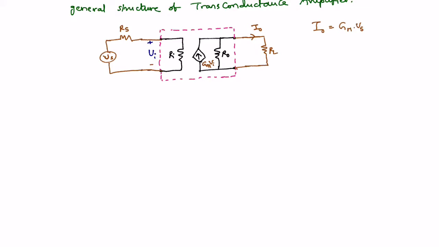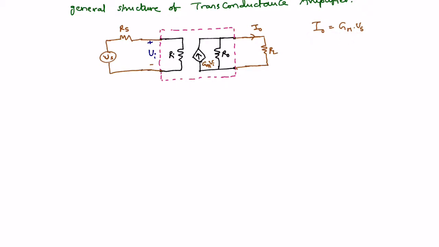That Vi is multiplied by gain Gm, and that current also gets divided between R naught and RL. So with some restrictions, you can get I naught equal to Gm into Vs. What are the restrictions? That gives the characteristics of a transconductance amplifier.